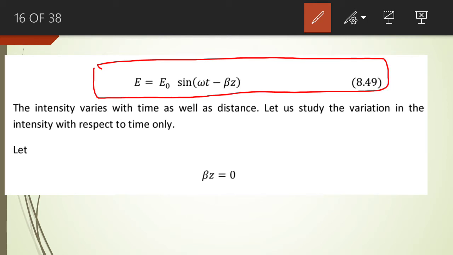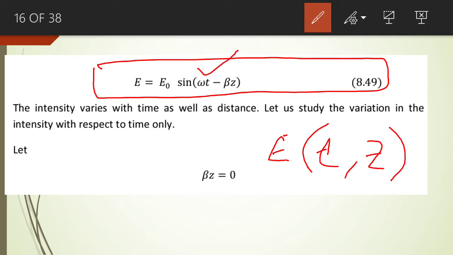And if we focus on this equation, the electric field intensity changes with time as well as distance. The electric field intensity changes with respect to t as well as distance, that is z.